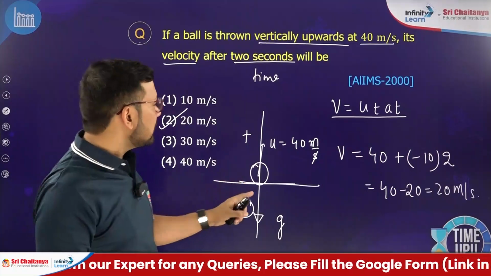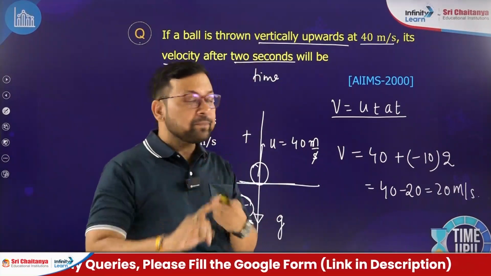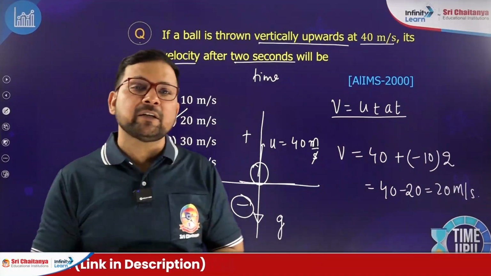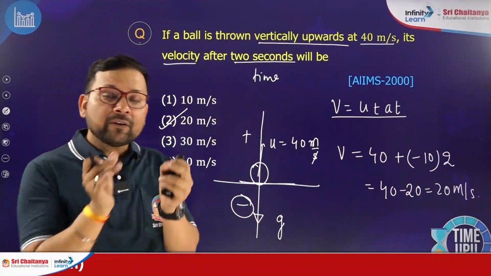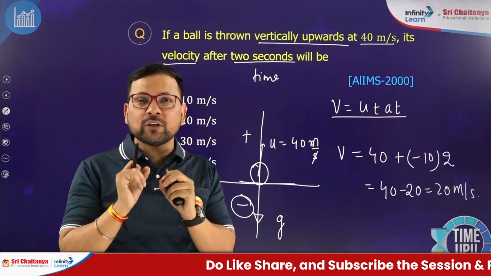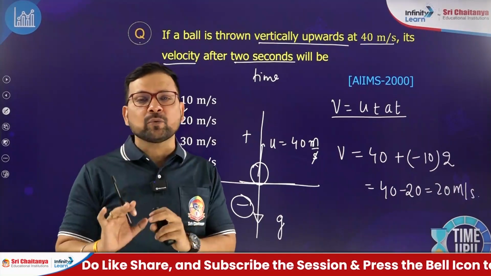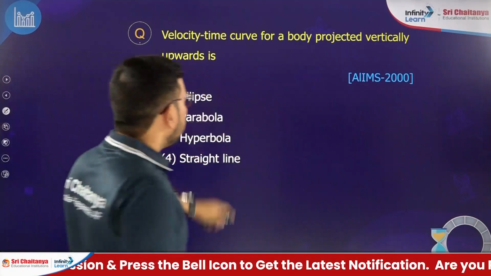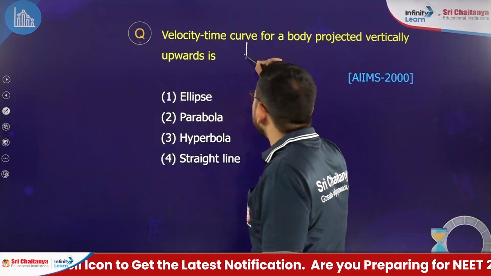Again in this question, up and down: first, which equation to use out of the given uniformly accelerated equations. Second, after the equation, proper sign convention. This is going to give you a very concrete idea about motion under gravity. Next question. Velocity time curve means the question is related to a graph.